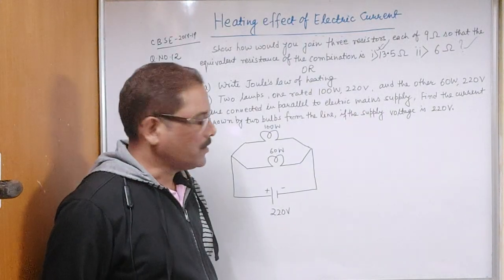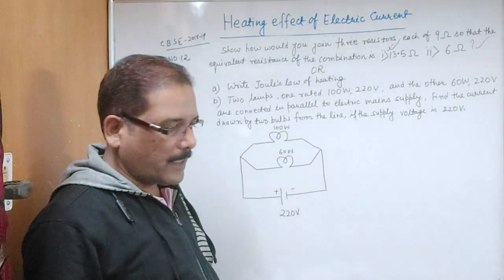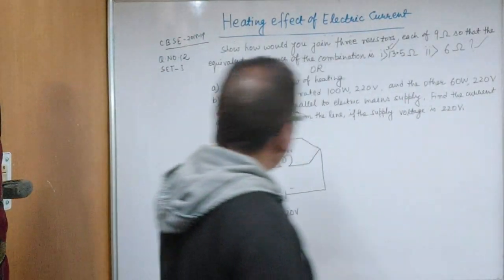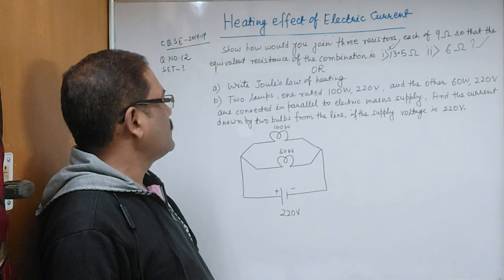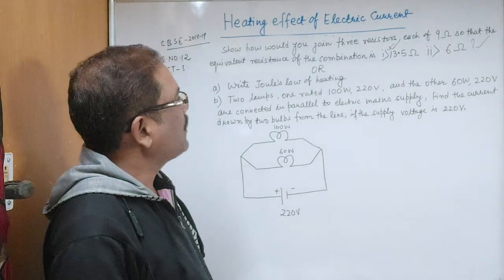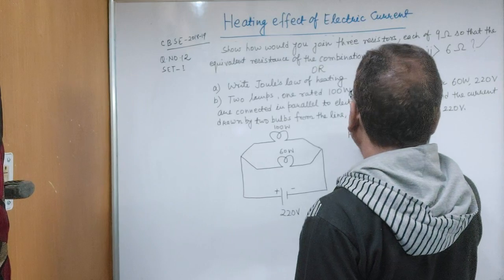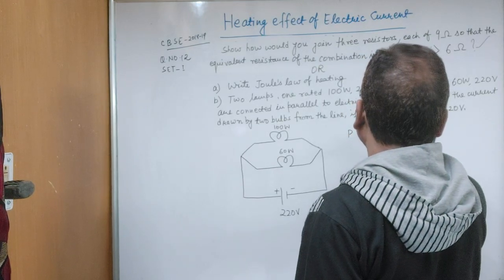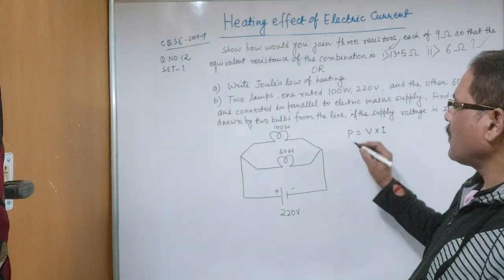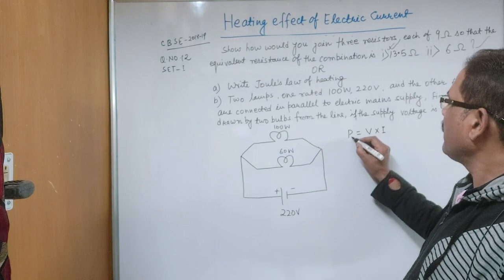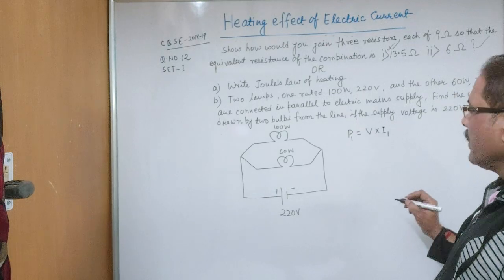So first draw this figure. I think you all have drawn this circuit diagram, children. Now let us calculate the current flowing through the two bulbs. In Joule's law of heating we have derived our expression that P is equal to V into I, isn't it? Now for this 100 watt bulb we write P1, and let I1 current flow through it.